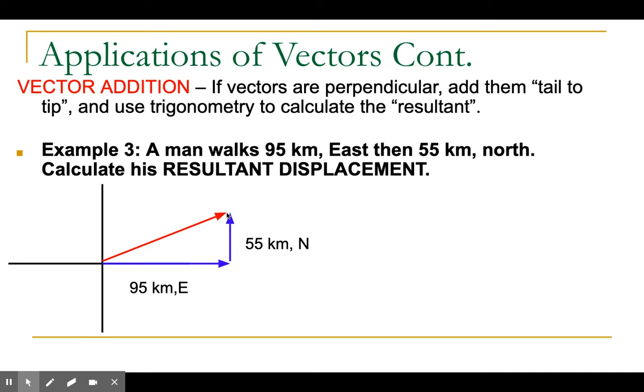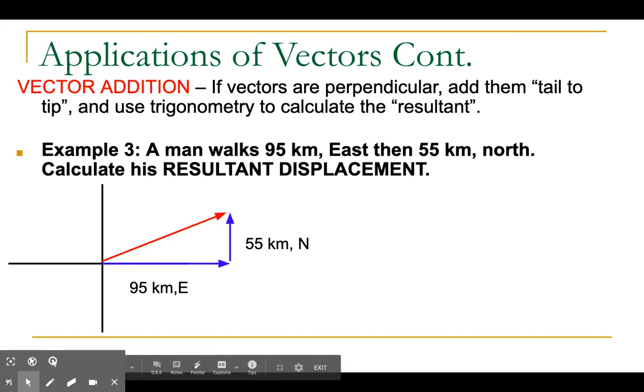So from the origin to the tip of our last vector, we call this leg the resultant. It also represents the displacement. So now that we have a right triangle, we can use trig and Pythagorean theorem to identify the magnitude of this resultant vector.